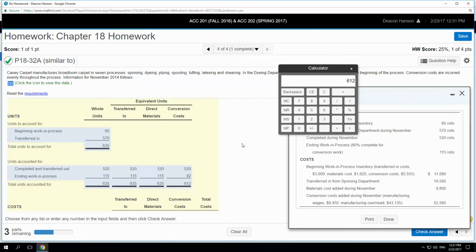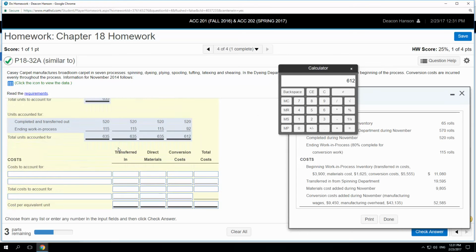All right. Now we have to do the same thing. We have to figure out the units that we need to account for, but we have to do that in terms of cost. So we're going to do cost to account for first.